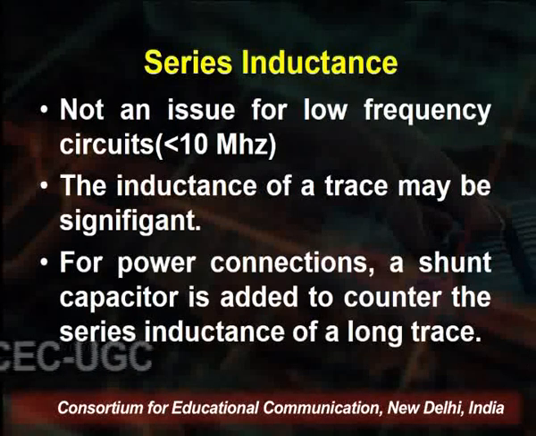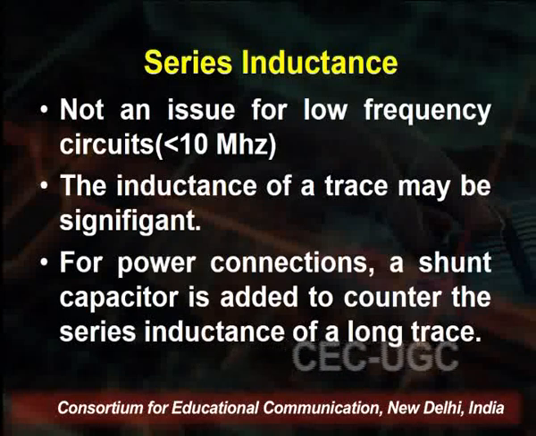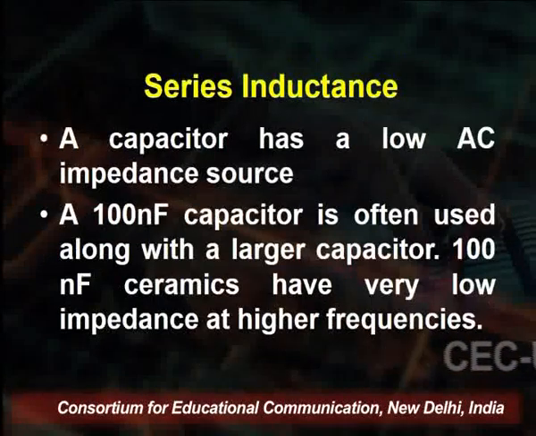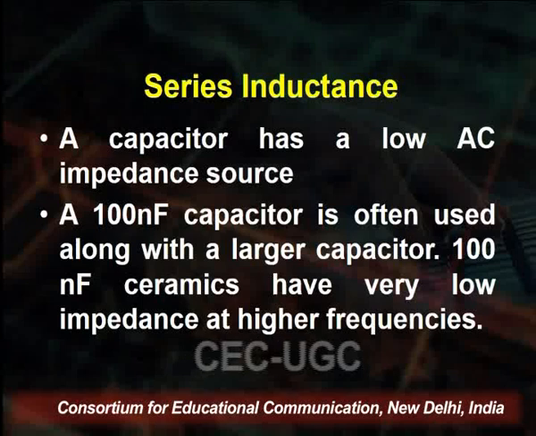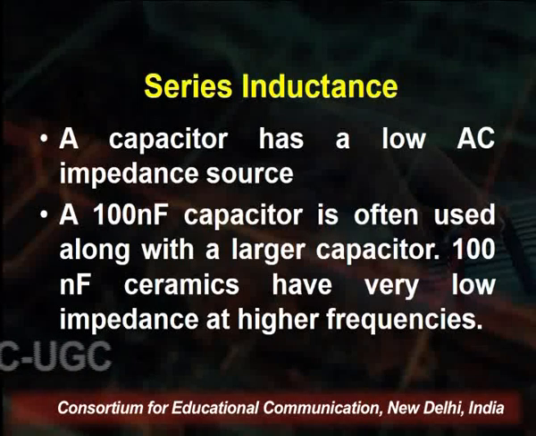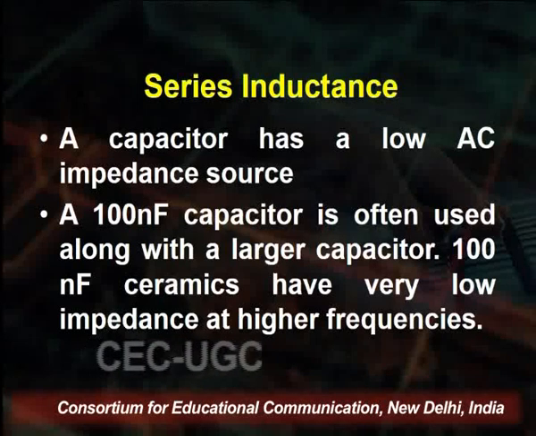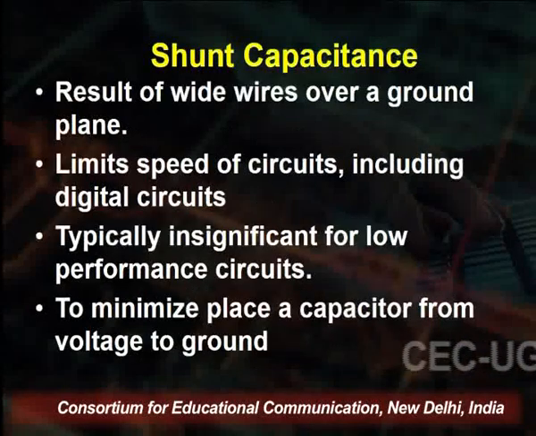For the power connections, a shunt capacitor is added to counter the series inductance of long traces. In the series inductance, a capacitor has a low AC impedance source. So a 100 nanofarad capacitor is often used along with a larger capacitor. Ceramics have a very low impedance at high frequency, so ceramics are used.